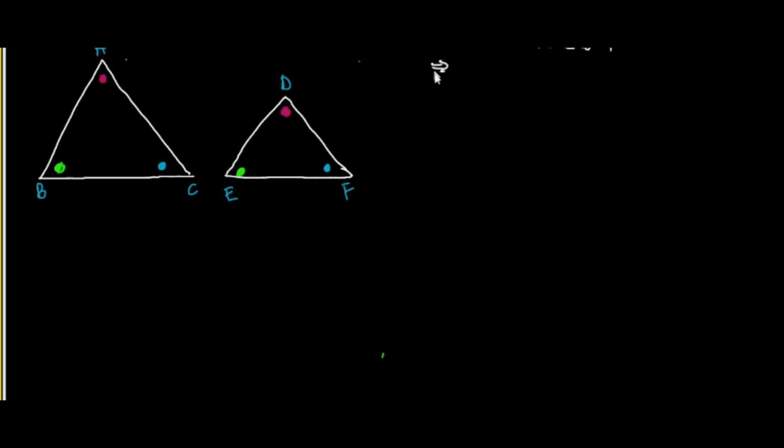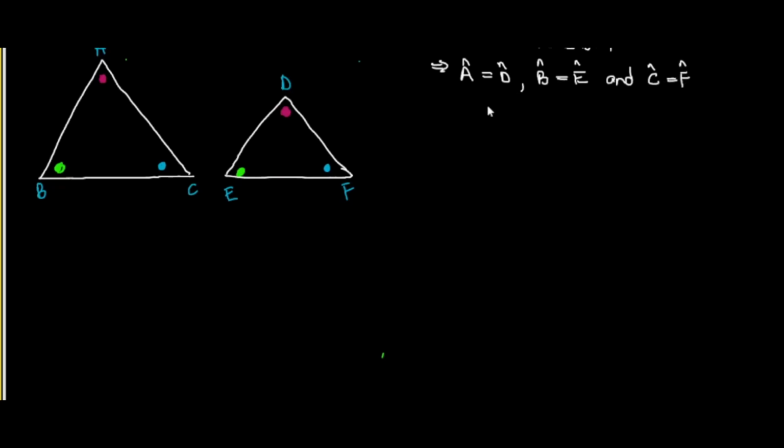On these 2 triangles, we can see that angle A is equal to angle D. This is given, and it is also given that angle B and angle E are equal. Look at the colors there. And the last one, we are given that angle C is equal to angle F.